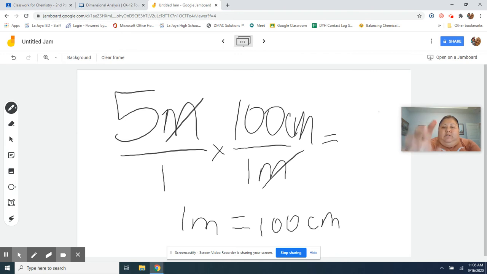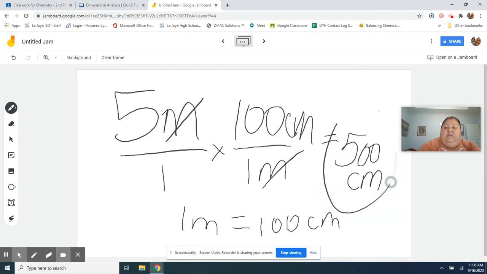Now, if I multiply 100 times 5, I should end up with a value of 500 centimeters. And did you notice I did not just put 500, I indicated my final unit, which in this case was the centimeter. What did not get canceled?